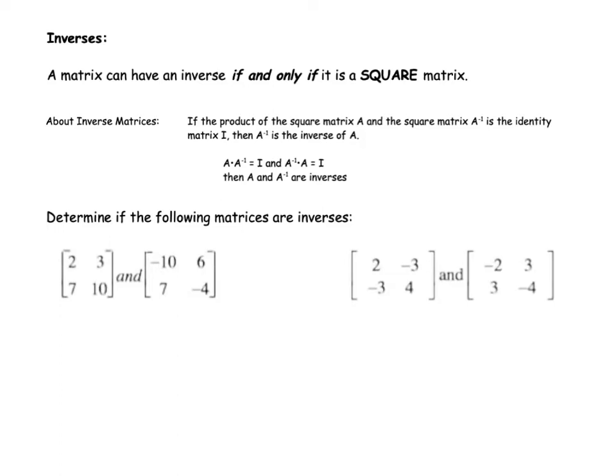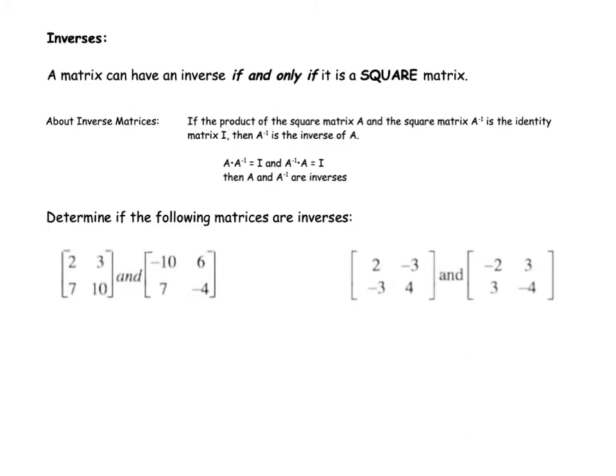An inverse is anything where, if I add, subtract, multiply, or divide, I get back to whatever my identity is. So if you notice on the last page, we did 4 times 1/4, and I got 1. So 4 and 1/4 are inverses because I multiplied them together and I got my identity of 1.